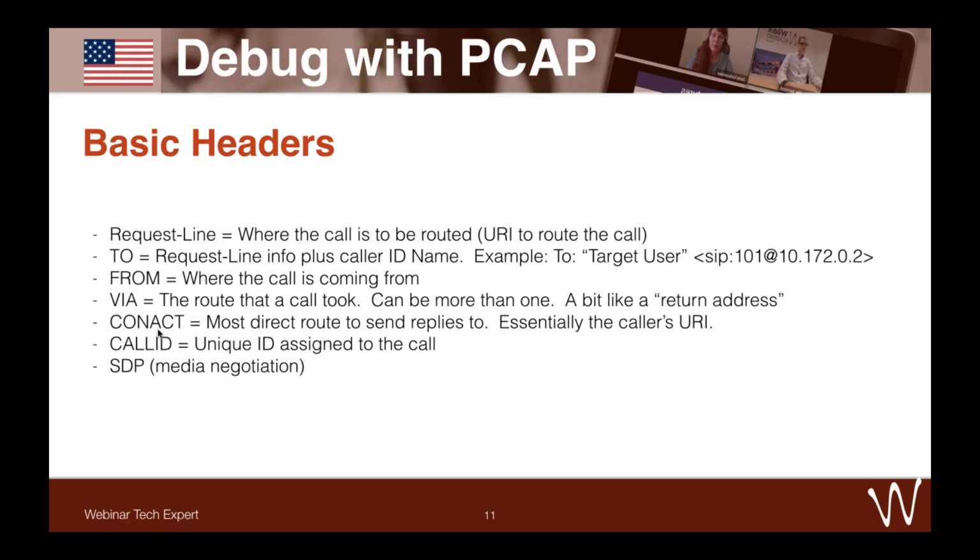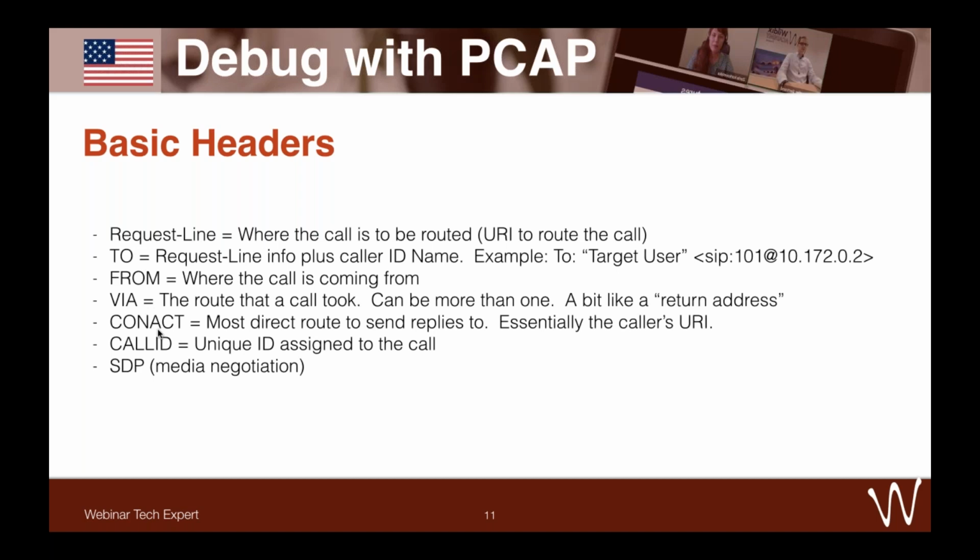The contact, not connect. A bit of a typo there, but the contact header basically says what's the most direct route. So if I can get to the contact header directly, it's on net to me, if you will, then this is where the contact header comes into play. A call ID is an ID that is unique for this call throughout its life.